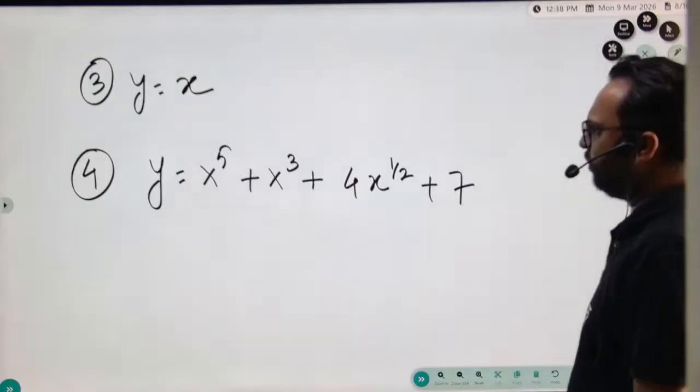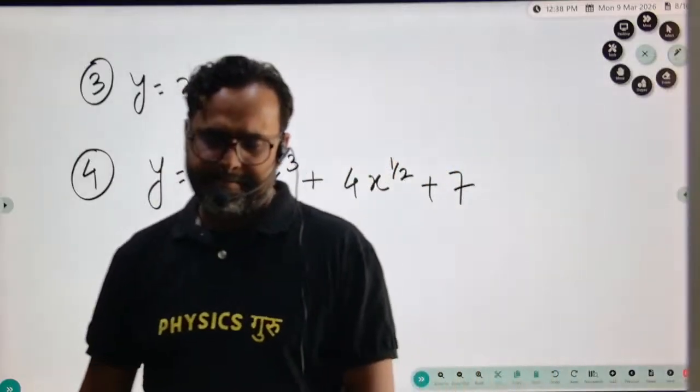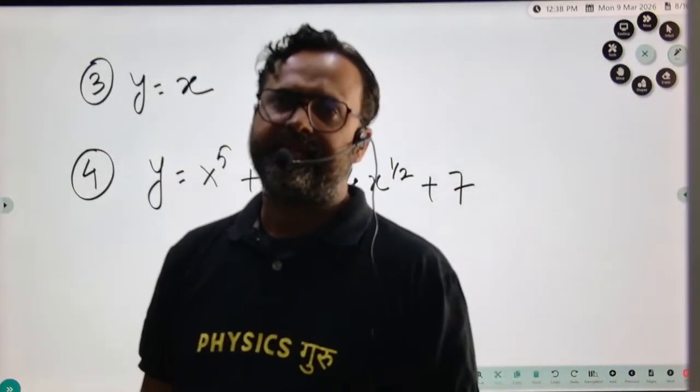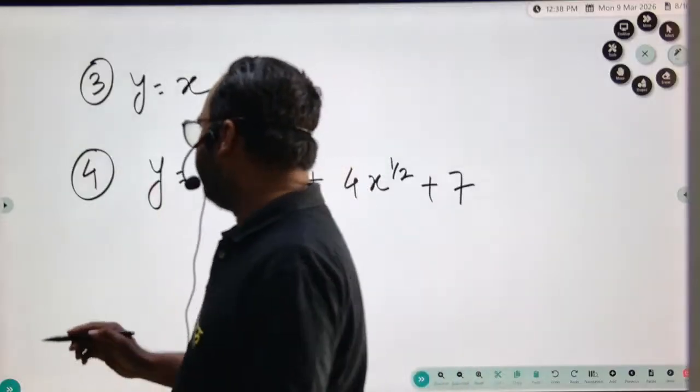And constant is 0. And what about this third one? Third one is 1. Next one, fifth one.